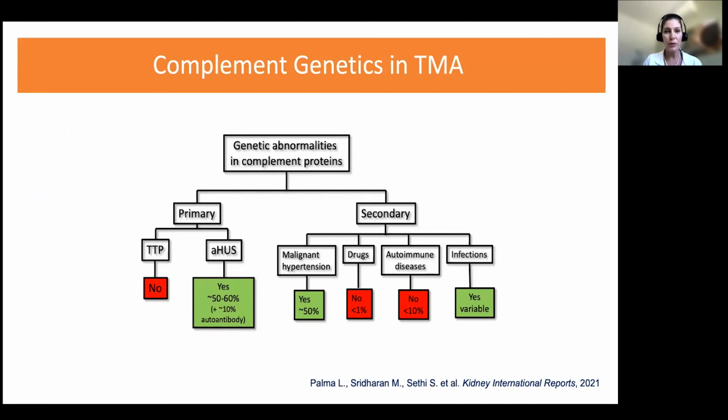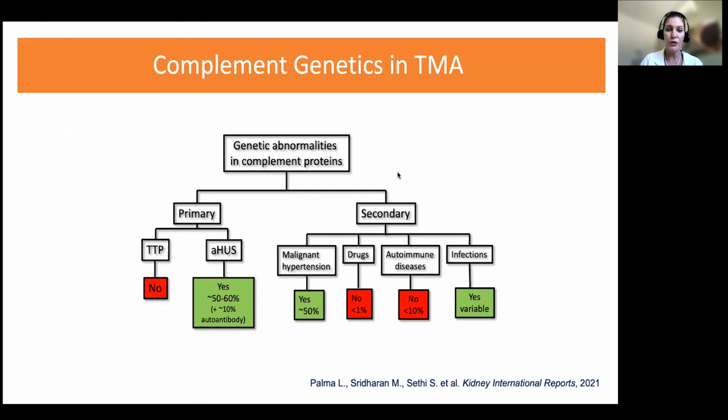We have evaluated some patients with secondary TMA. Secondary TMA are more usually found in adults: drugs, pregnancy, transplant, infections, and so on. And what we found is that the positivity of genetics to complement proteins or genes is variable.